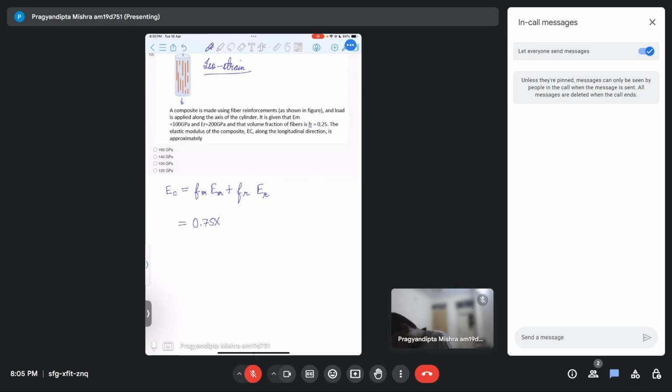So 0.75 into 100 plus 0.25 into 200. 0.75 into 100 will give us 75. 0.25 into 200 will give us 50. So 75 plus 50 will give us 125 GPa. So this is the answer.